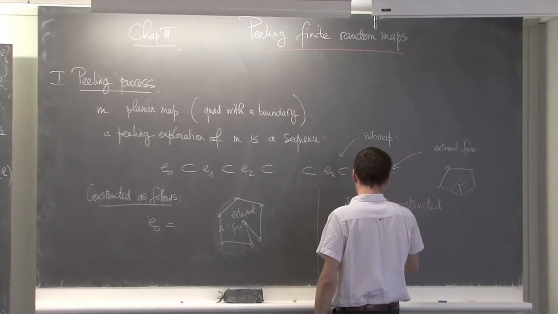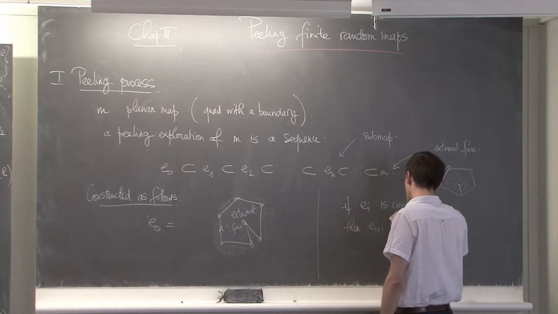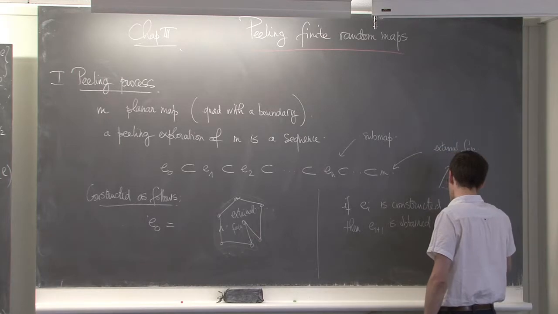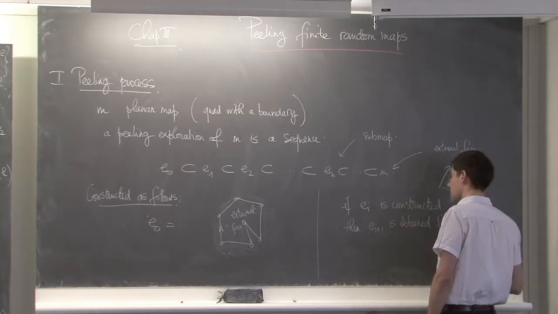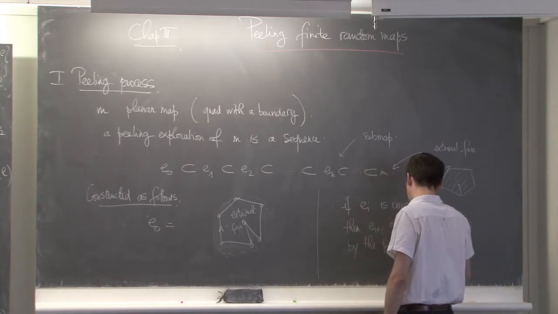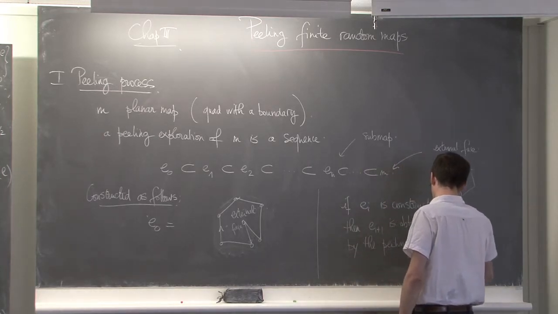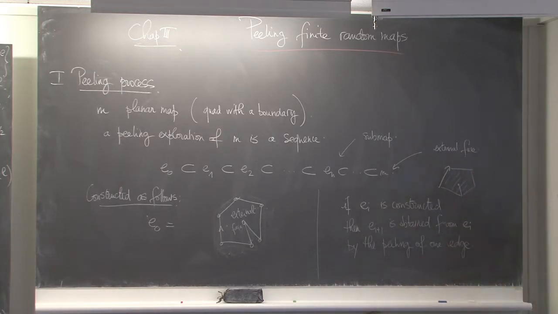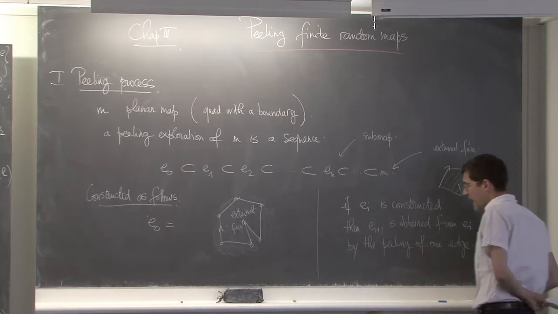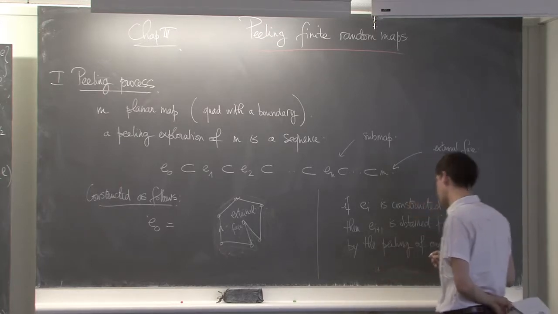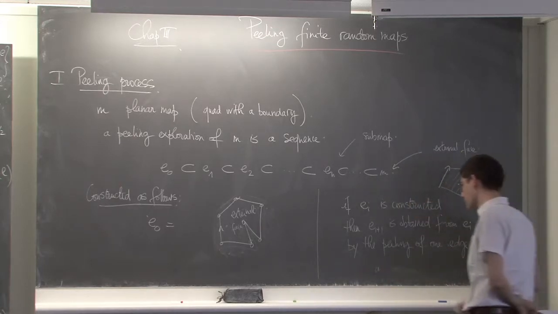And by induction, if Ei is constructed, then Ei+1 is obtained from Ei by the peeling of one edge. So let me define for you what I mean by that. So the peeling of one edge, this edge, I will call it A, like arête in French, because E is already used.